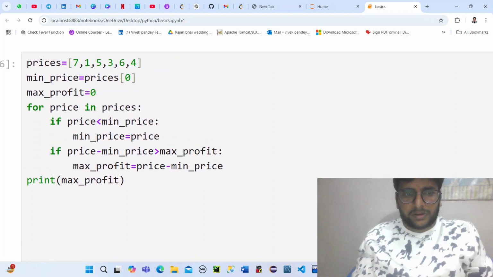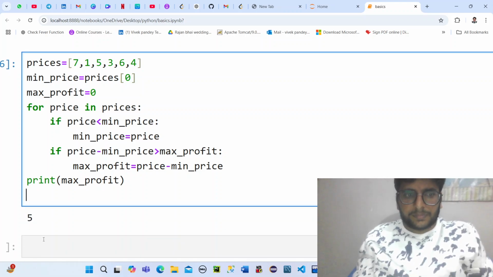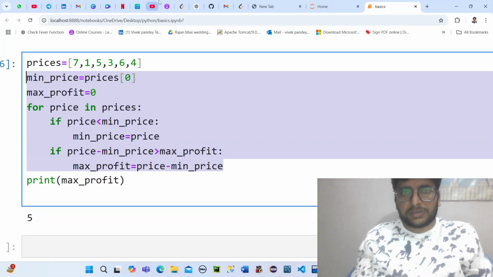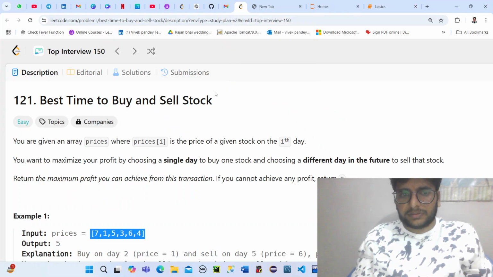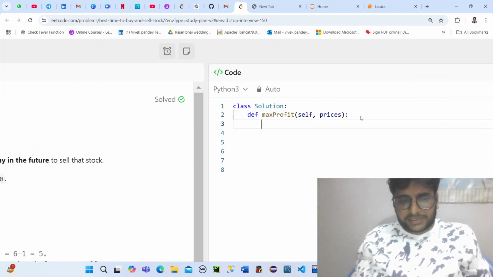See here, I got the value. So I hope I made you clear on this point. Now the same thing, I'm going to copy this here onto LeetCode, and then paste it here.